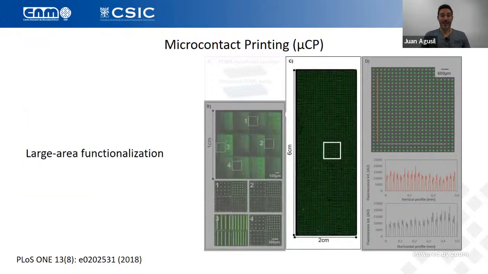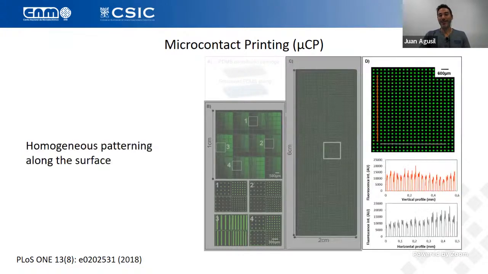But the main advantage of this technique is that you can functionalize very large areas. In this case, you have 6 centimeters by 2 centimeters, which at the micro scale is huge. And moreover, it is important that this functionalization is homogeneous. So this technology offers homogeneous patterning along the surface.